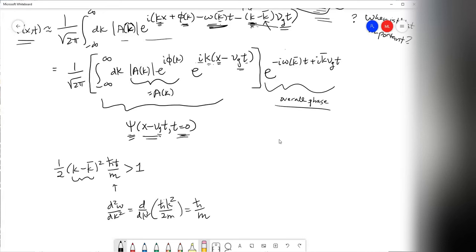The maximum value of this must be related to how far in this integration over k we range outside of the stationary point. And the stationary point is going to be, in k space, given essentially by the envelope function of your initial amplitude.